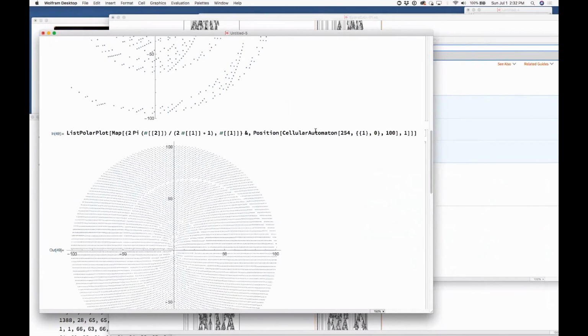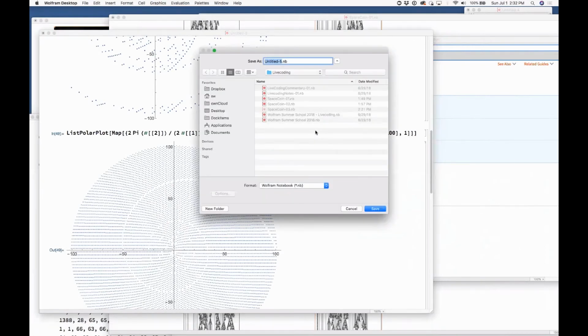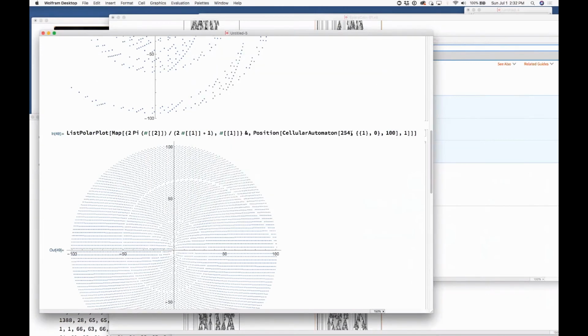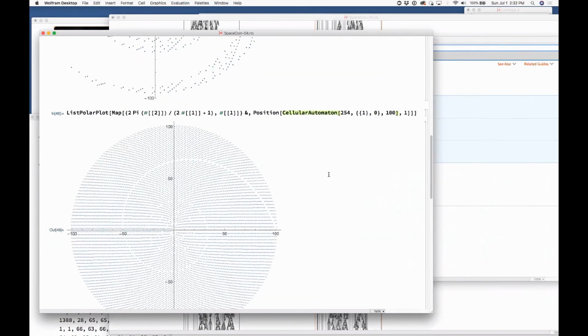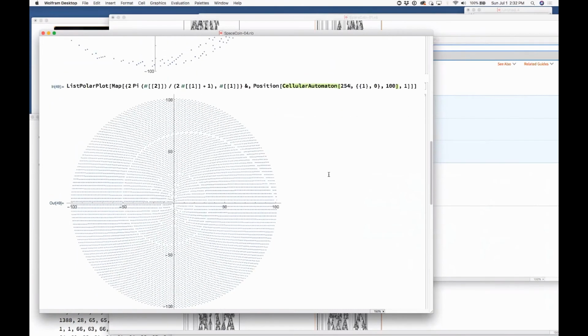Let's see. Let's save this away. Okay, so let's see. Okay, why do we have a seam there? So the theta values should be going from 1.